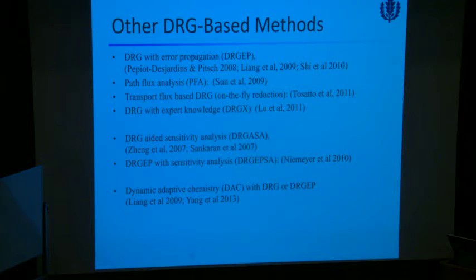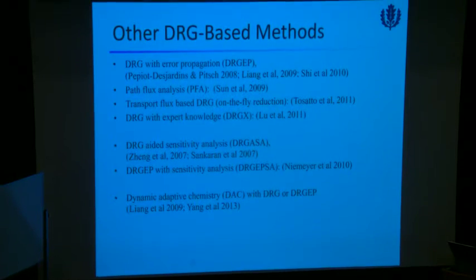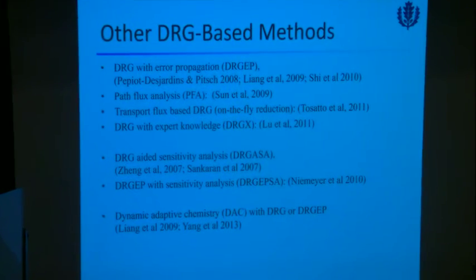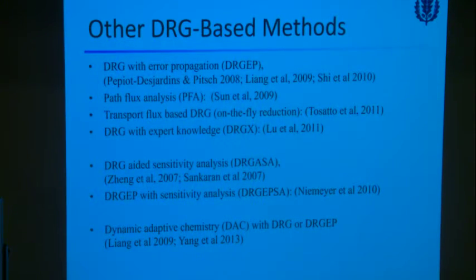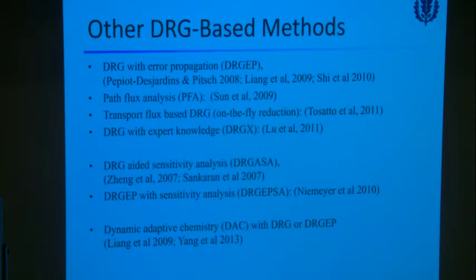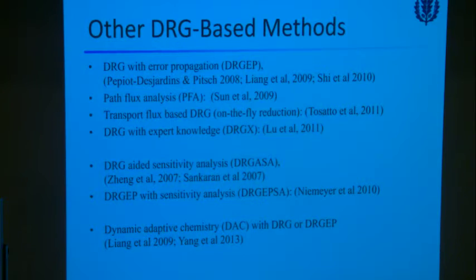So there are a whole bunch of other methodologies based on DRG. For example, you can consider the so-called error propagation along the graph path. That will involve a little bit of modeling, because whenever error propagation is involved, it's difficult to derive exactly how a species here can affect someone else far away in the graph. So you do need to get some modeling involved.